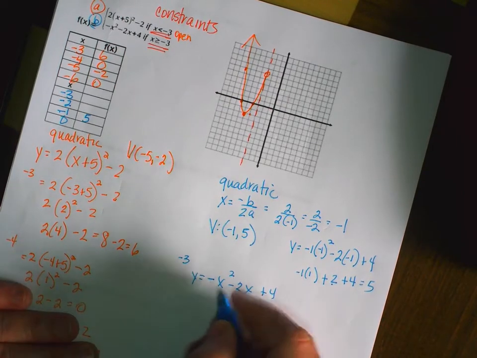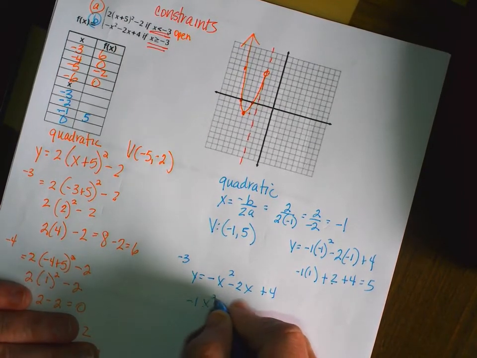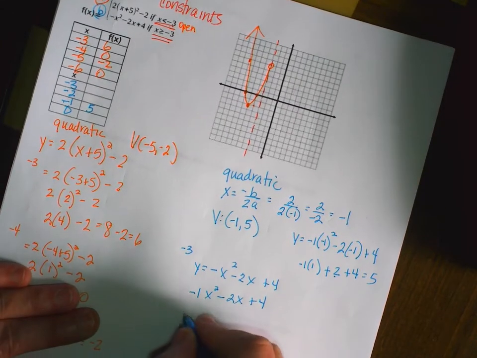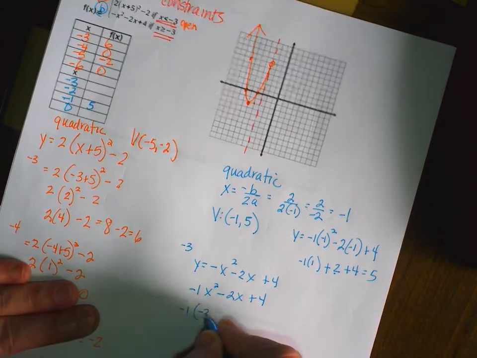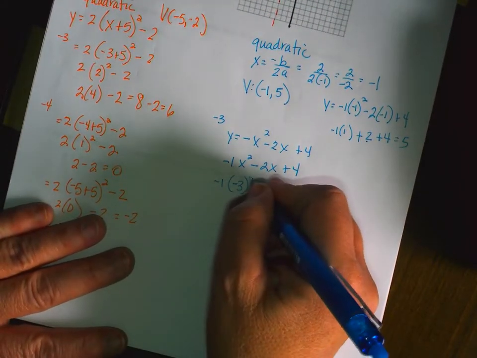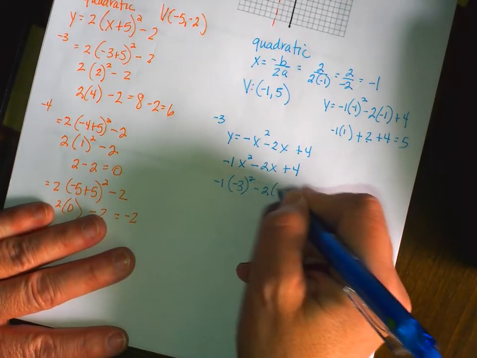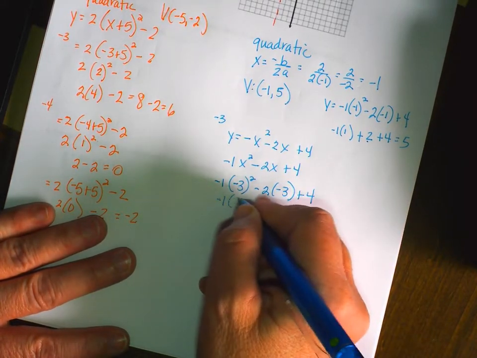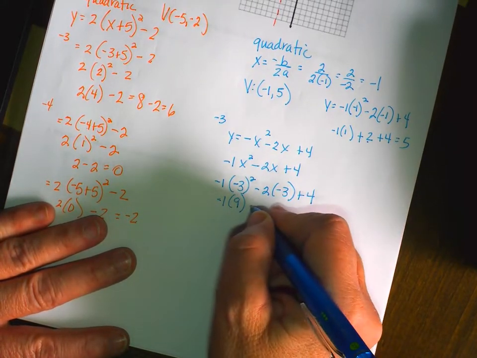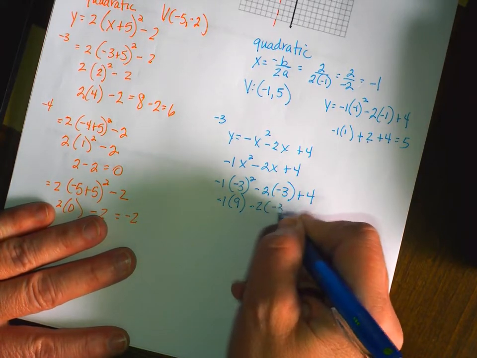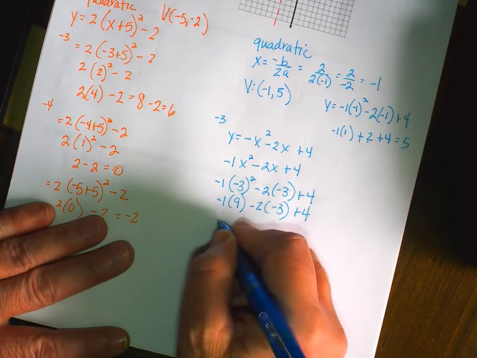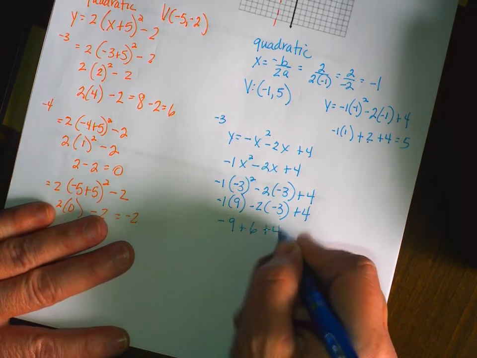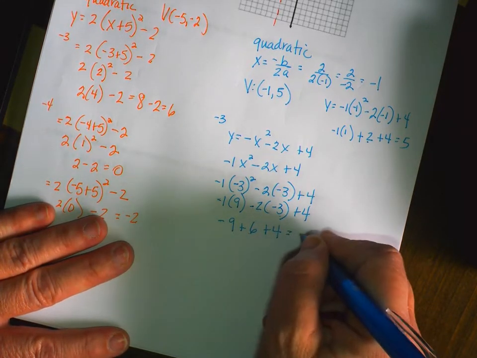Make that -1x squared so you remember to multiply that after you do your square. So when I plug in -3, I have -1 times -3 squared minus 2 times -3 plus 4. -3 squared is a +9. So I have -9, -2 times -3 is a +6, plus 4. -9 plus 6 is -3, plus 4 is a +1.